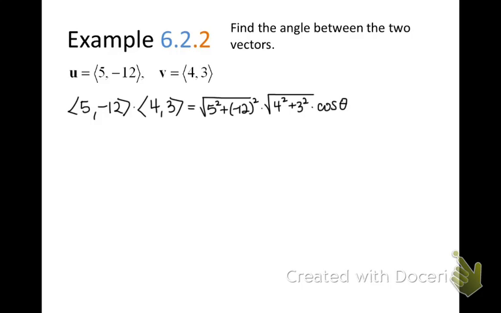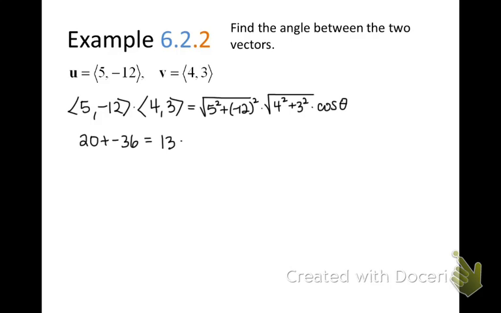So now I need to go through and calculate all this. For the dot product, I've got 5 times 4 is 20, plus negative 12 times 3 is negative 36. That's going to equal, I'm going to solve these square roots down a little bit. 5 squared plus 12 squared is 169, square rooted is 13. 4 squared plus 3 squared is 25.